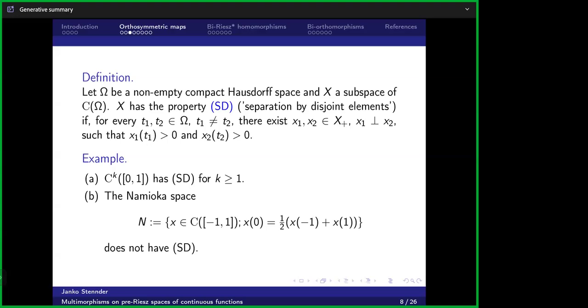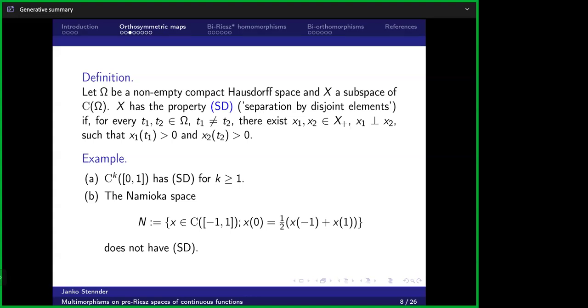It's the Namioka space. It always seems a little bit constructed. And I actually have no idea where it comes up naturally, but it's a very good space to find counterexamples for various statements. And what is the space? I take functions on the interval -1 to 1 which are continuous, and if you evaluate it in 0, then it should be the average of the evaluations at -1 and 1.